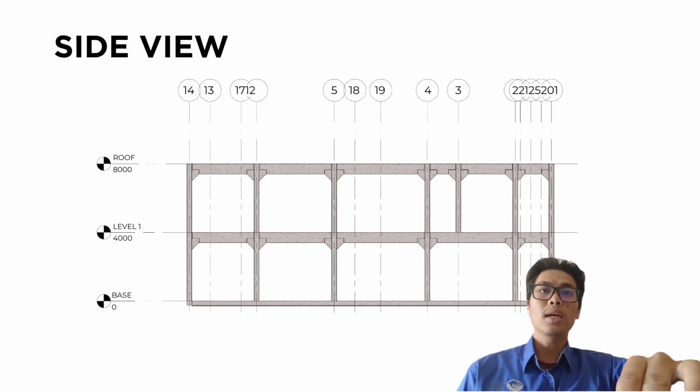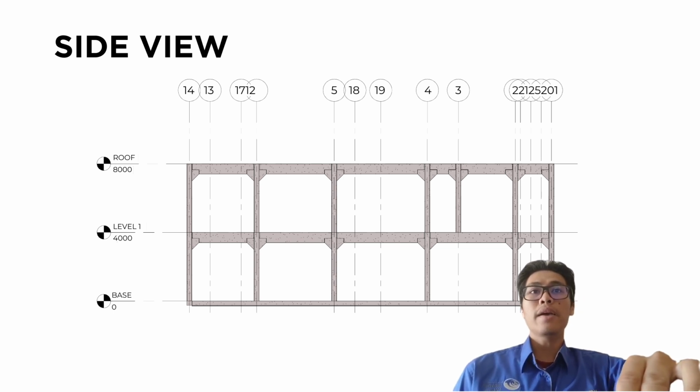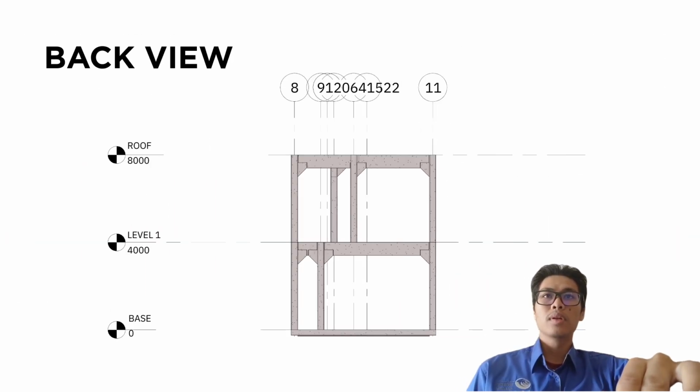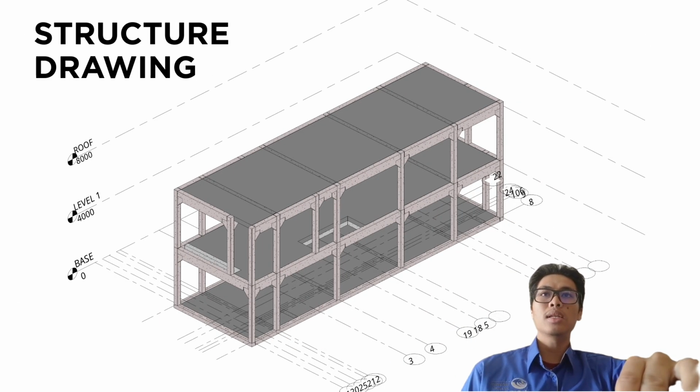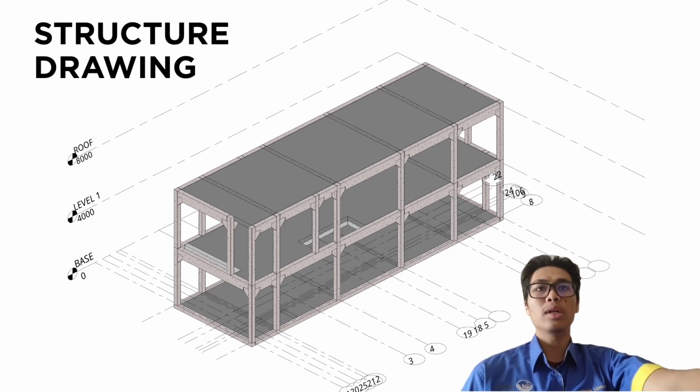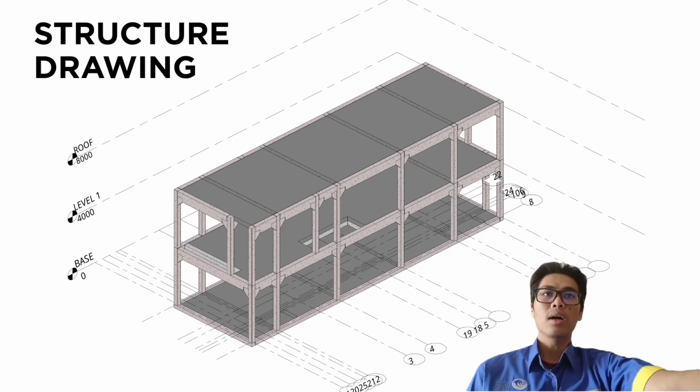We can see the partition of each area in the building. This is the back view. This is the structure drawing, before we go through to the architecture drawing to make the building more real.